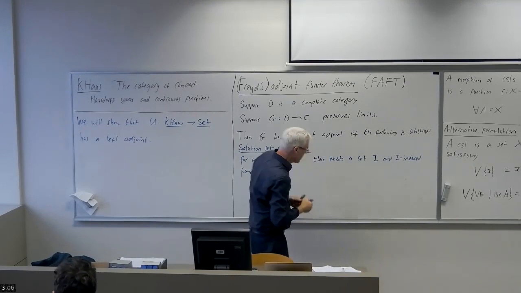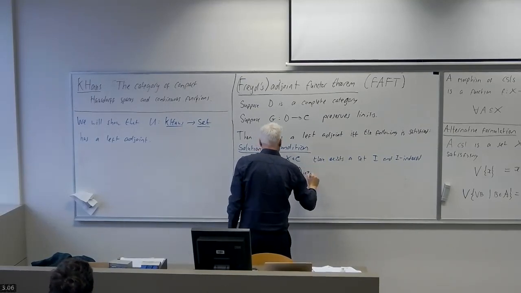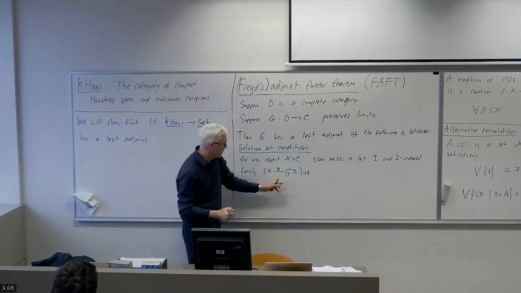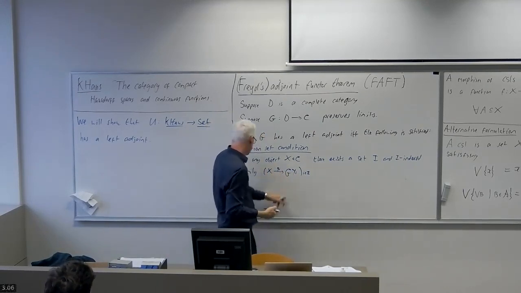Yeah, G sub I. Maps out of X into images of objects from D under the functor G.